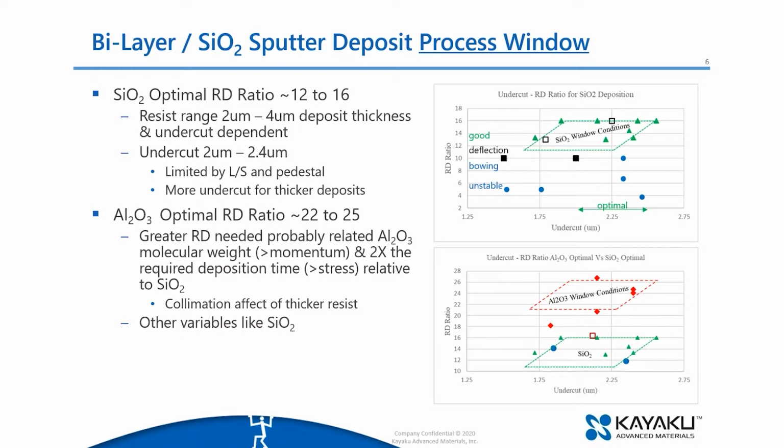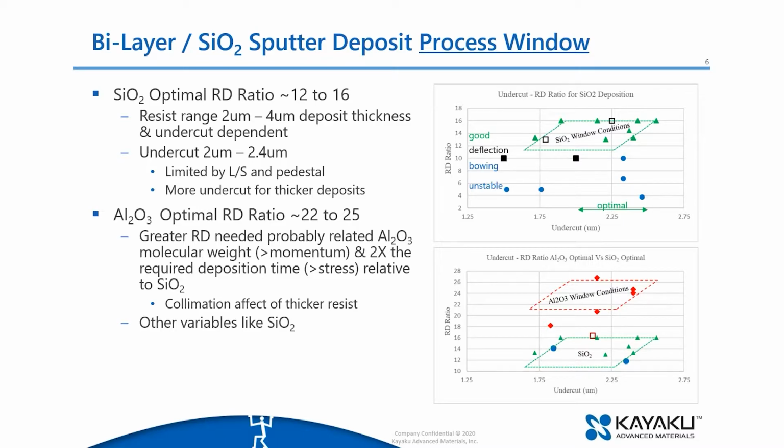Structures that were effectively deflected, perhaps borderline, are depicted with the black squares, and structures that were both structurally sound and had excellent liftoff were all depicted in the green triangles.